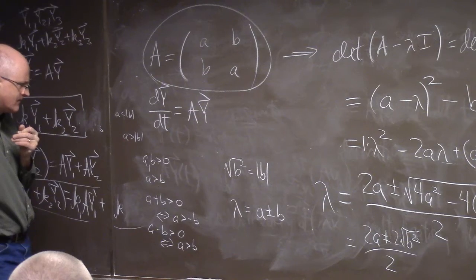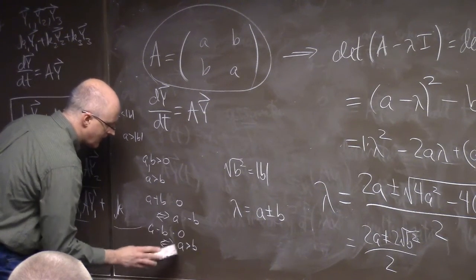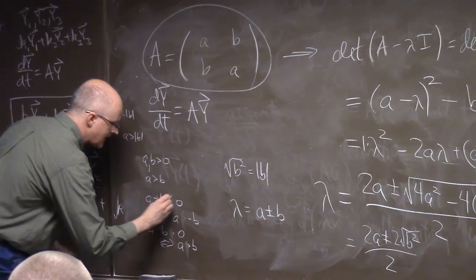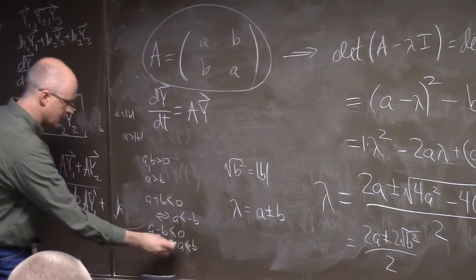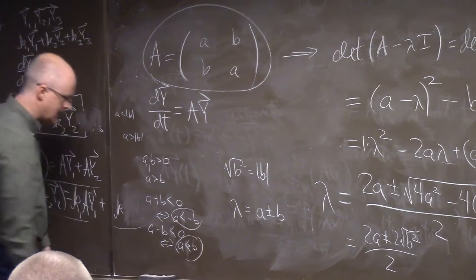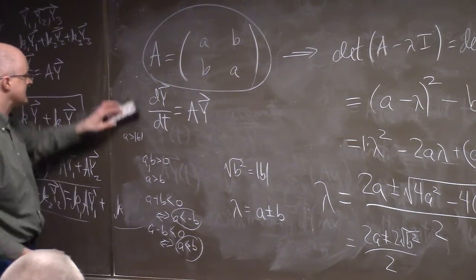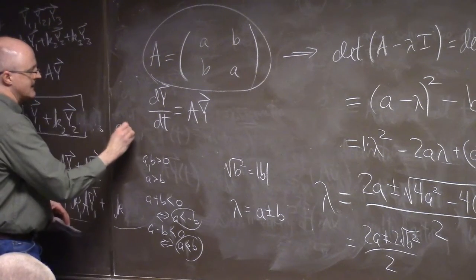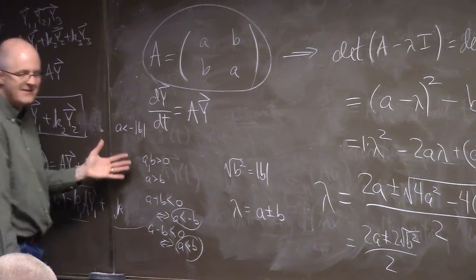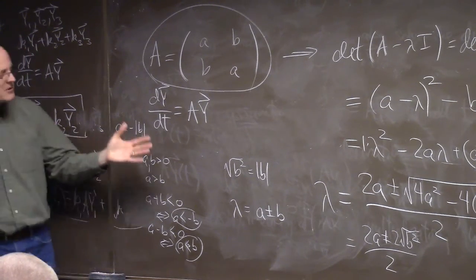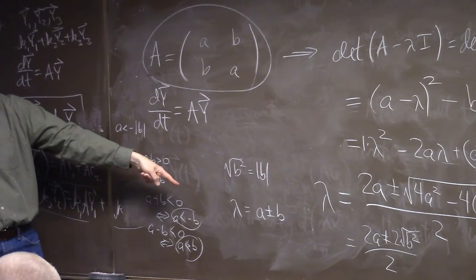I should be careful. Maybe I shouldn't go ahead and get into this. They can both be negative if both of those are true, which means a has got to be negative, so actually I've got to write this as a is less than negative absolute value of b. Okay, you're not going to be tested on that kind of thing. The main thing I want you to see is that these eigenvalues are actually pretty easy to calculate.